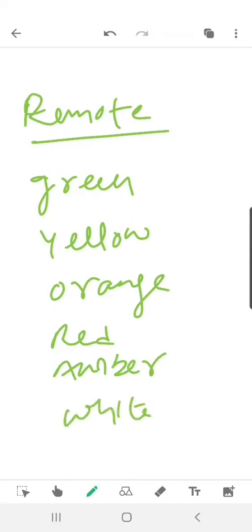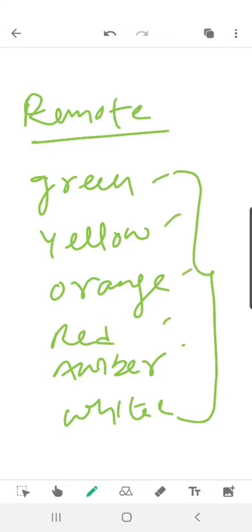These are the colors which our LED can emit in the visible spectrum: green, yellow, orange, red, amber and white. Any color out of these 6 colors can be obtained from our LED depending upon our material.